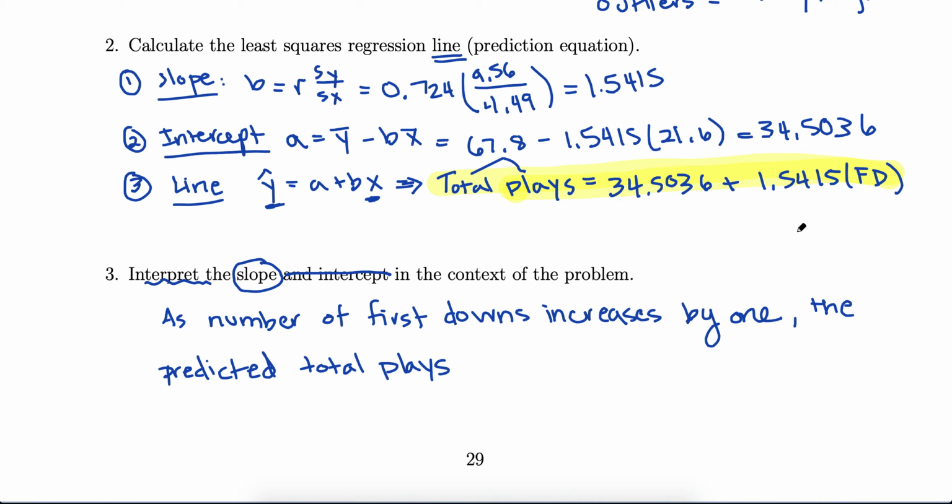Right, hopefully you're saying increases because our slope is positive. So the predicted total plays increases by 1.5415 plays. Okay. Again, you might see some people, instead of using the word predicted, they'll talk about average or expected, and that's all fine as well. We're all saying the same thing.